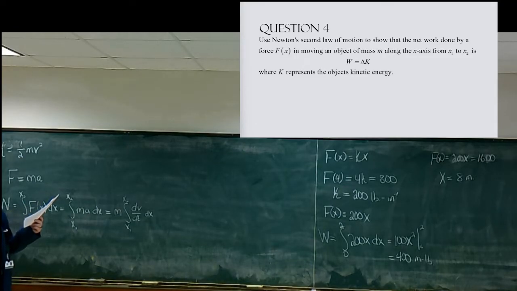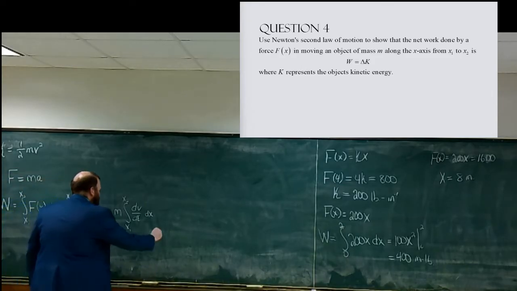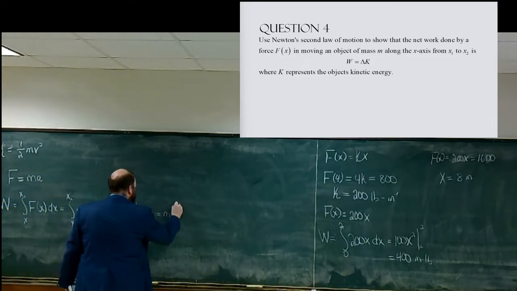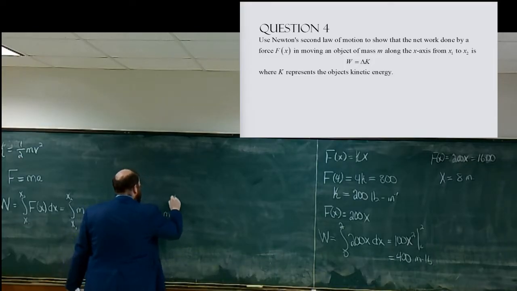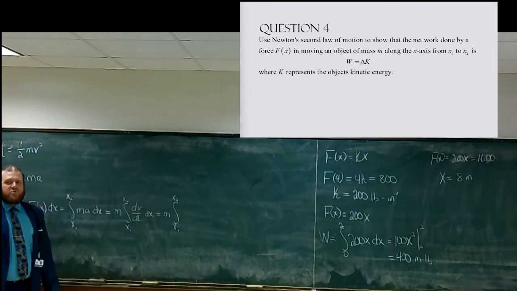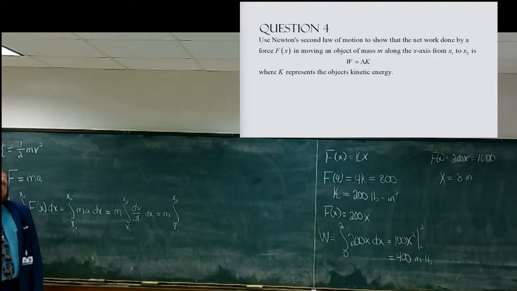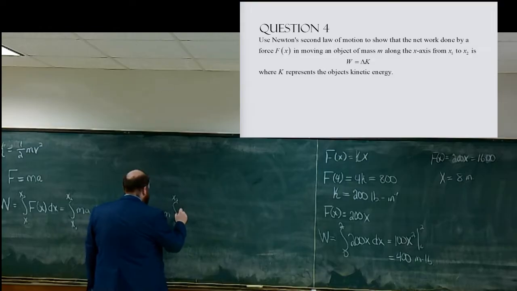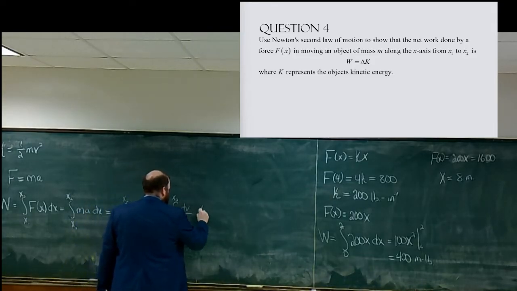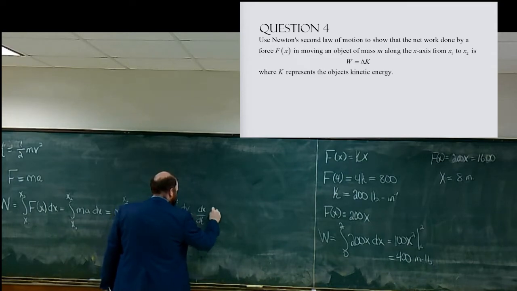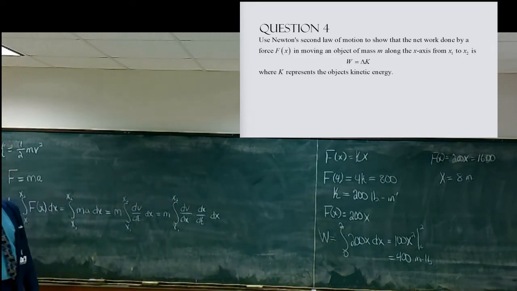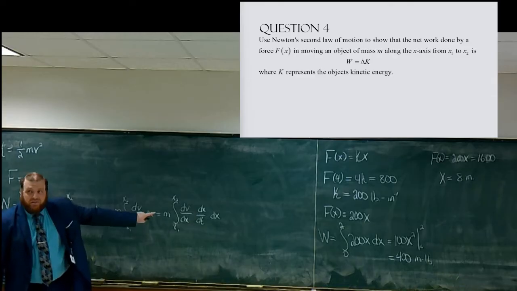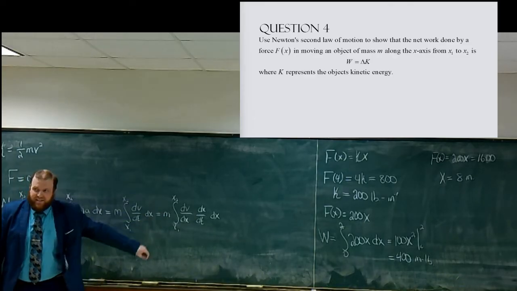But that's okay, because we can use the chain rule to write dv/dt as dv/dx times dx/dt.